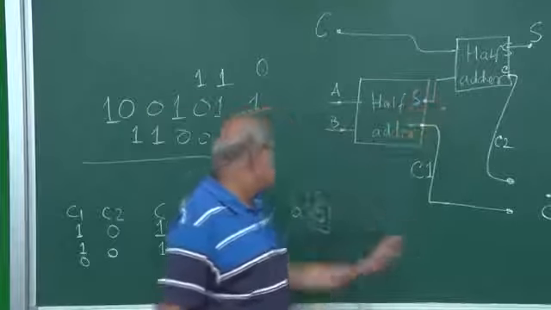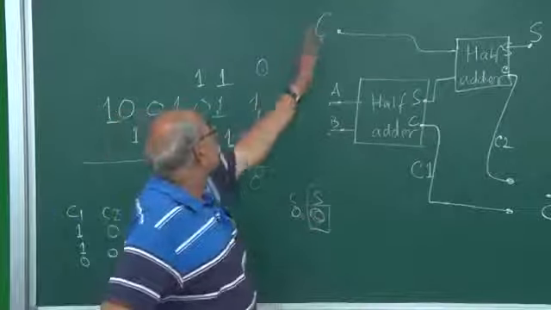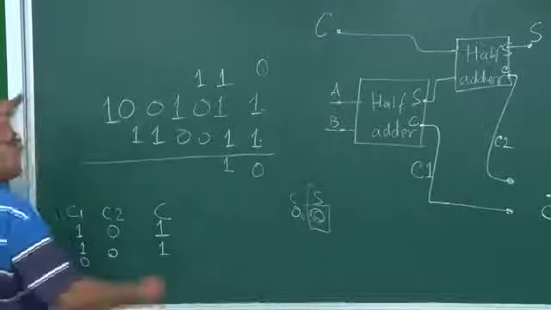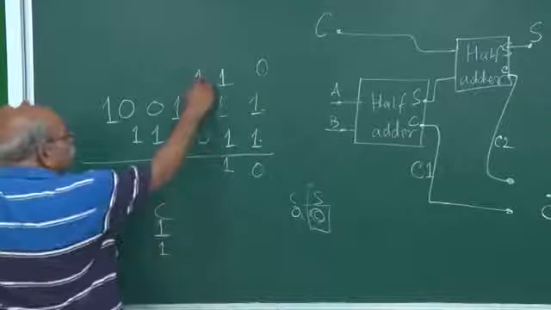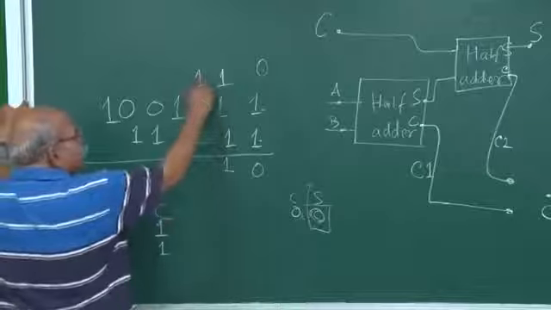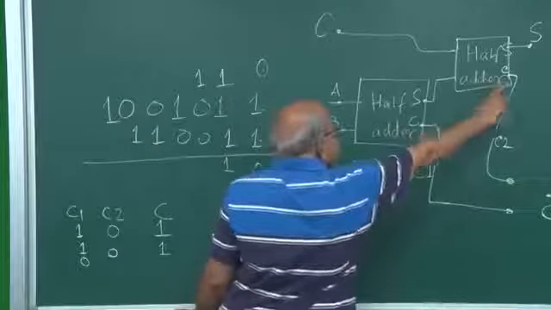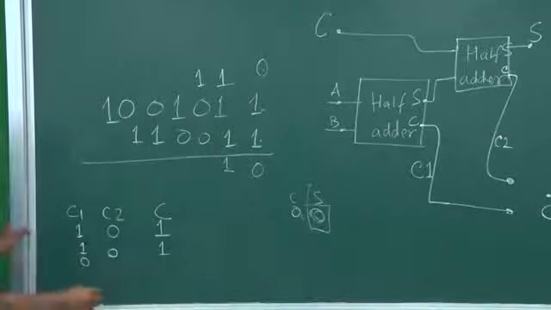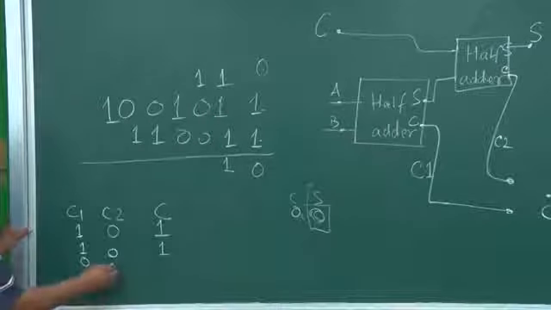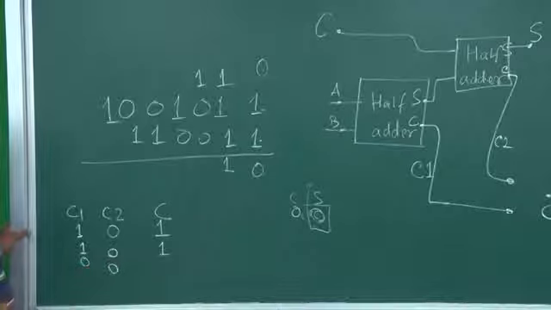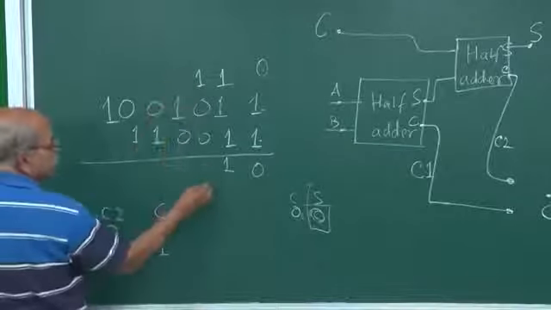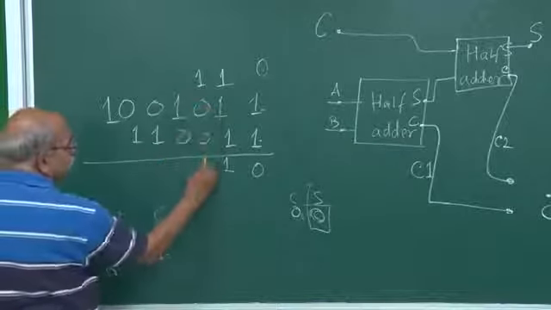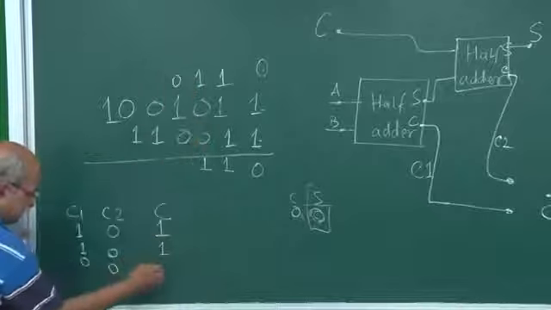The sum is 0 and the original carry is 1. So what will be the carry? 0 and 1, the carry will be 0. So C2 will be 0. And what is the final carry? This will give you 0 and 0, so it is 0.